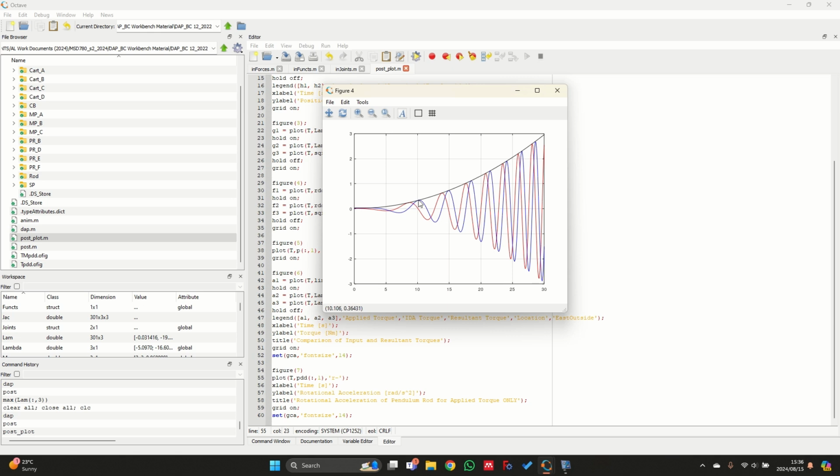So the accelerations in this case we can actually see are increasing, and at the end we have this 3 meter per second square magnitude for the acceleration. The X and Y components oscillate, so that is also as expected. We don't expect to see a constant value for our linear accelerations, but we do expect to see a constant value for our rotational acceleration, since that is the type of driver that we're specifying.